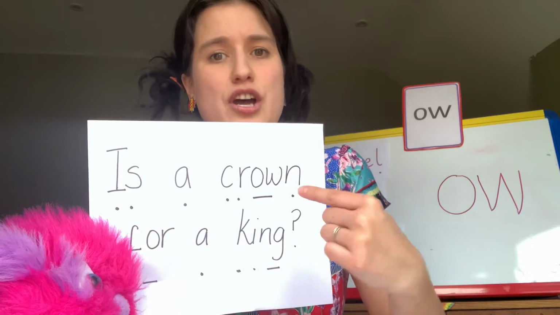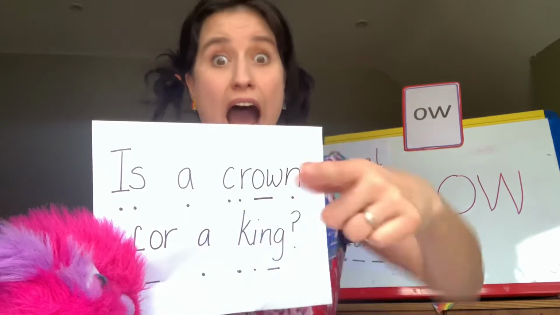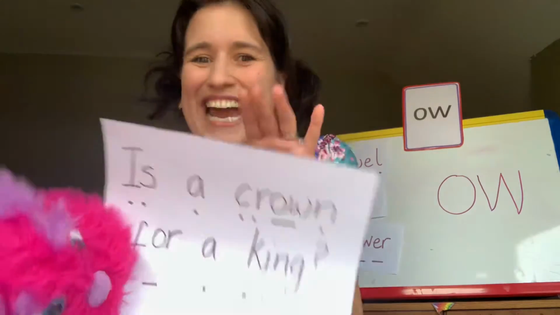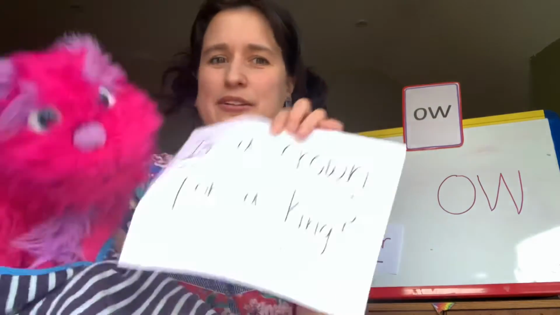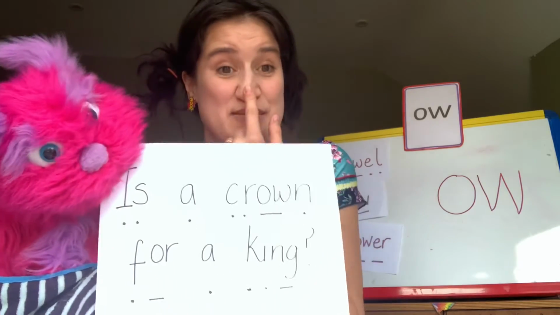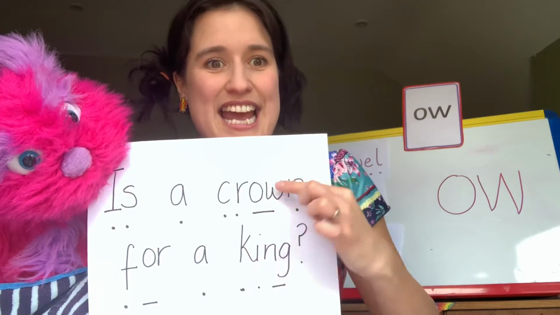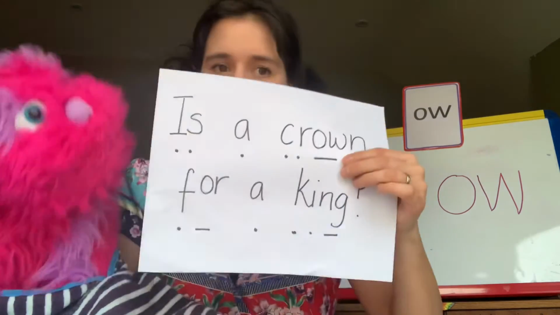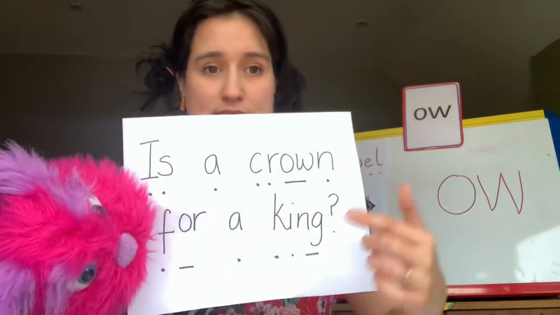Ow, crown. Hey, why is your finger on your nose? Alfie, can you see all the fingers on noses? My finger's on my nose because I can see the sound of the day in the middle of the word crown. Alfie tried to hide it, didn't he? But we spotted it. So we read crown.